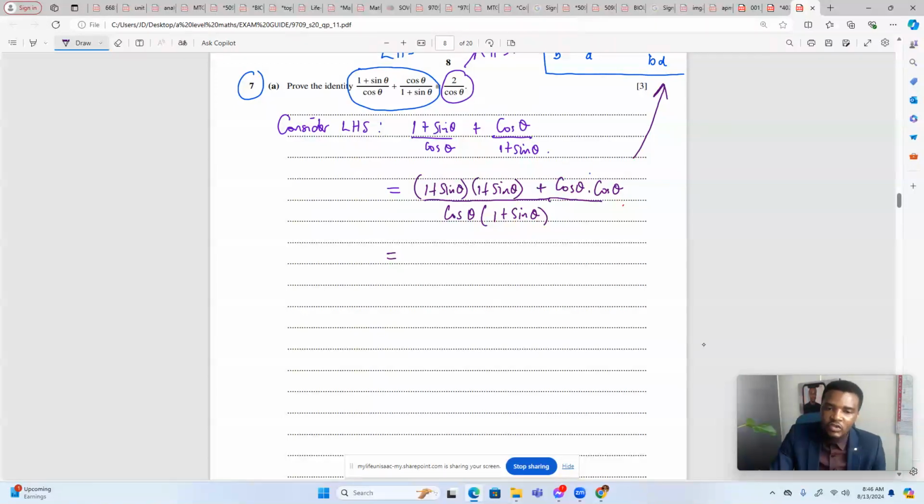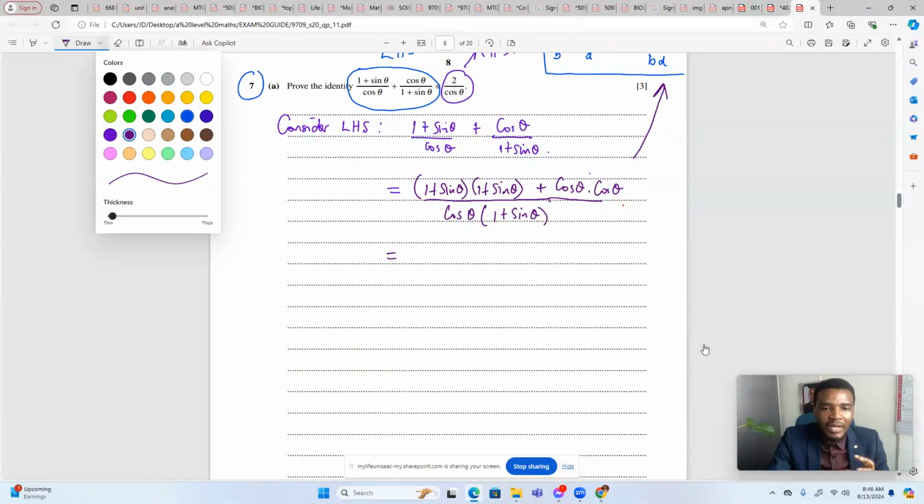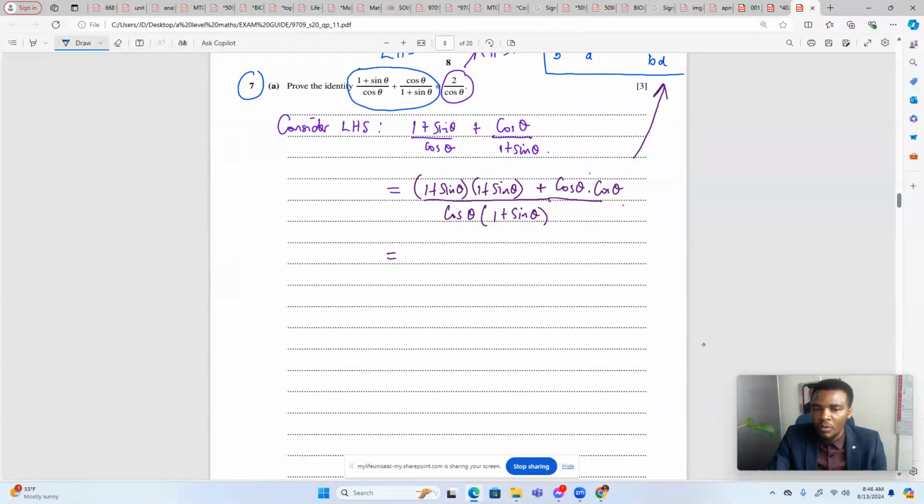This is an expression that is multiplying another expression. So remember how we expand expressions of this form. Whenever you are removing double brackets, multiply the second expression by each and every term in the first bracket. So 1 is going to multiply with 1.